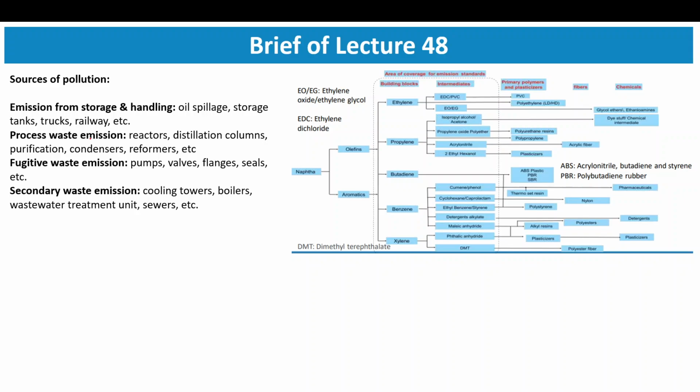So here also, since organics are used as the raw material and organic polymers are formed, air pollution could be generated by spillage from the storage tanks, through leakages, and through transmission. Wastewater streams can be generated from the reactors. This is a very simple process flow diagram showing just what products are formed.